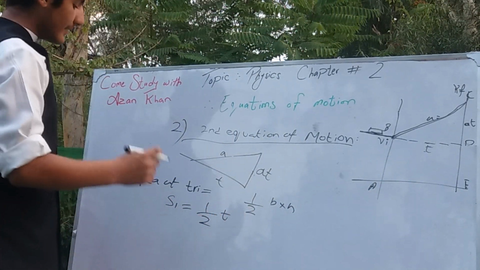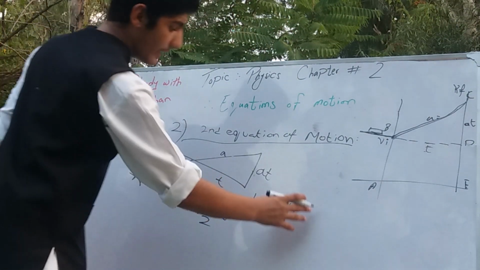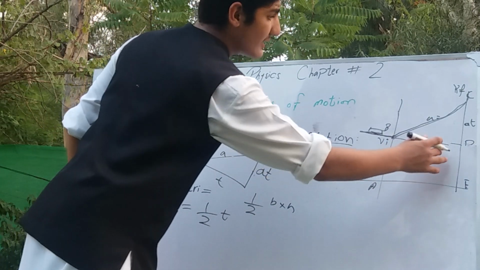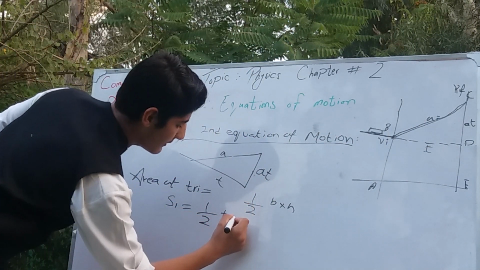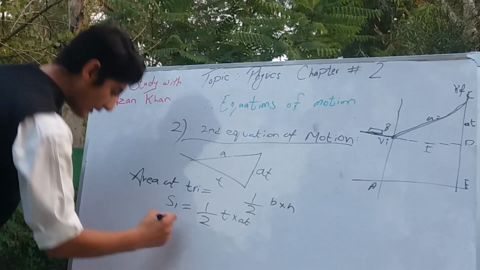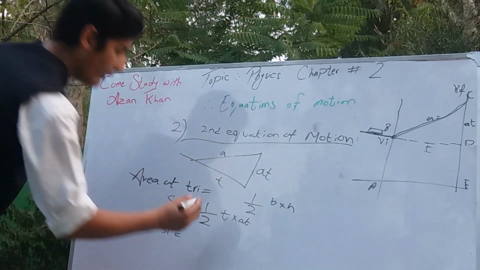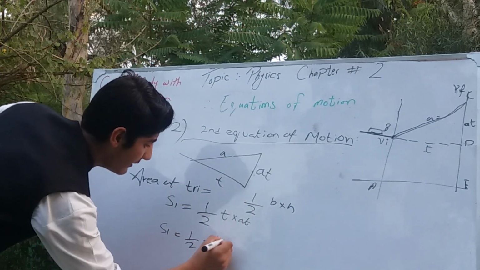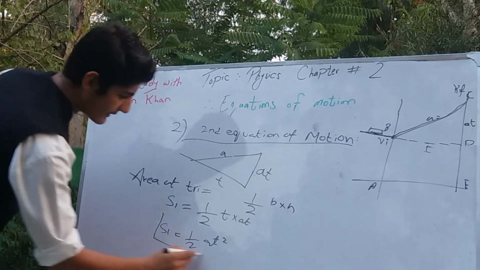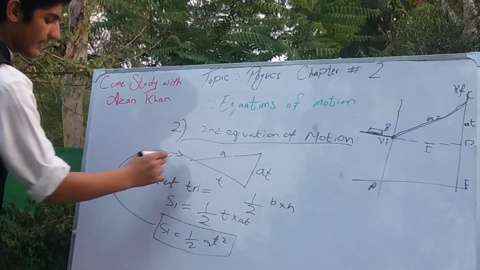The height is at. So there are two t's, and S1 is 1 divided by 2 at square. This was the area of the triangle.